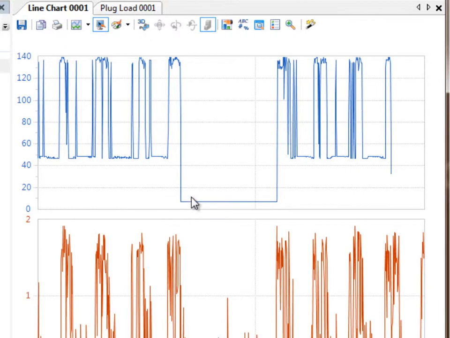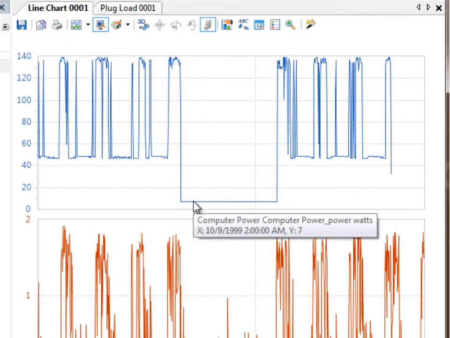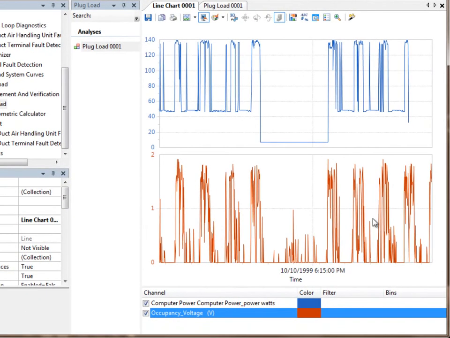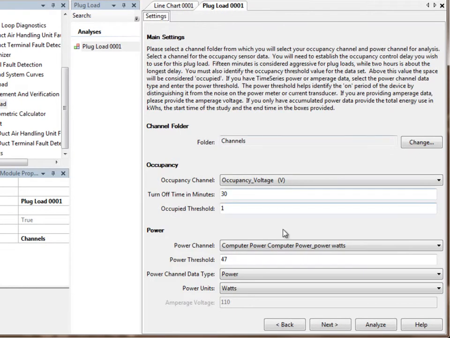When during the weekend that person apparently does turn the computer off, I'm seeing a 7 watt draw. That might be LEDs or some battery backup inside the computer or something. So I'm going to say anything between those two is what I would call an occupied state. Let's say 25 watts would be a good trigger level, so anything above that, if it gets turned off, would constitute savings.